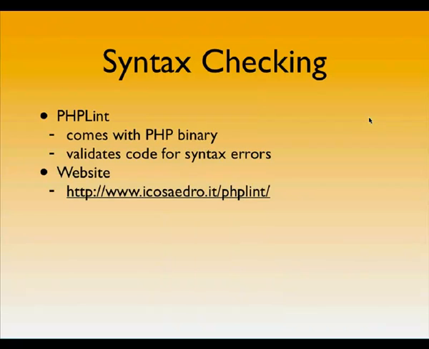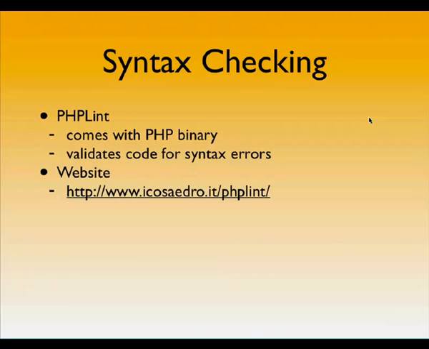First of all, let's do some syntax checking. This is actually a tool that you can hook on to your version control system, whether it's Git or Subversion, maybe even, what's it called, CVS. I haven't used it so much, so I'm not really familiar with it.